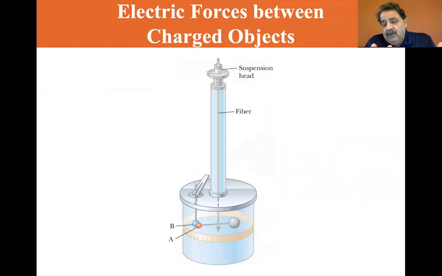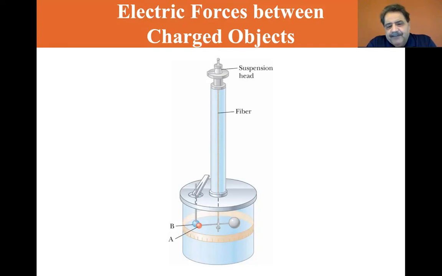You might say, "Oh, wait a minute, there's mass on these different charges." Well, the electrostatic force is so much greater than the gravitational force that you can ignore the gravitational force in this particular experiment.